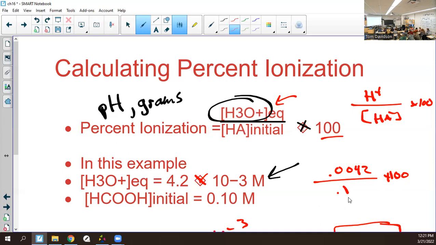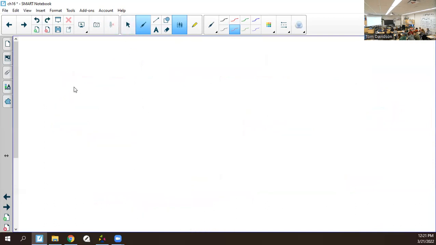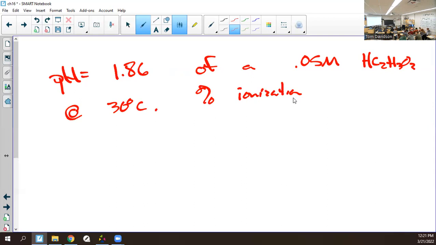Okay, so how do we do this with pH? If I tell you that the pH of 0.05 molar C2H3O2 acid at a specific temperature is equal to 1.86, and I want to know the percent ionization, it's not very hard.